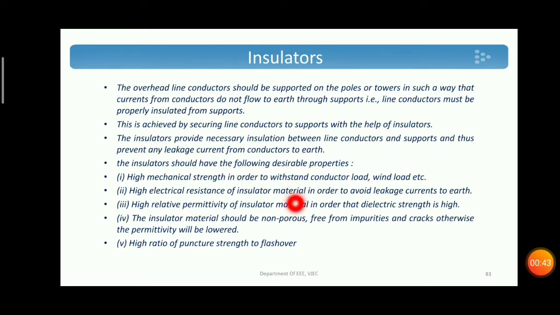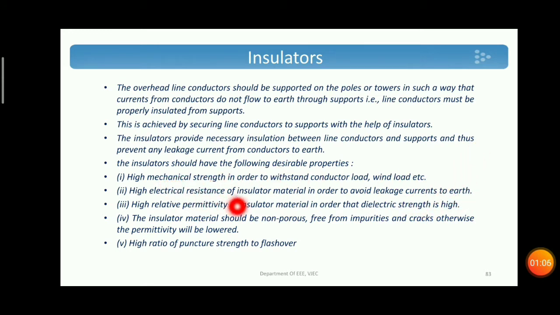The main properties of insulators are that they should have high mechanical strength in order to withstand the conductor load with wind loads etc. And also high electrical resistance so that current does not pass through the insulators, avoiding leakage currents to earth.